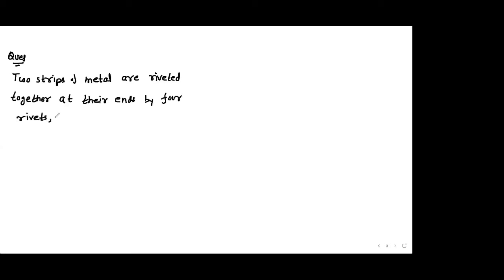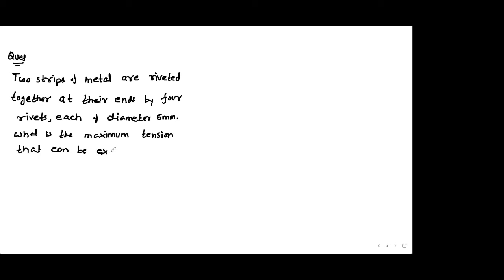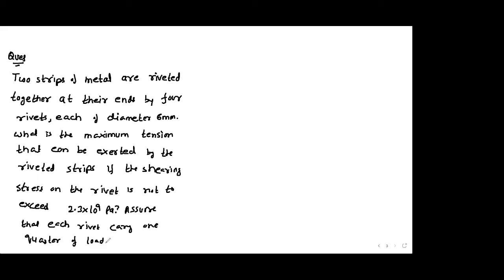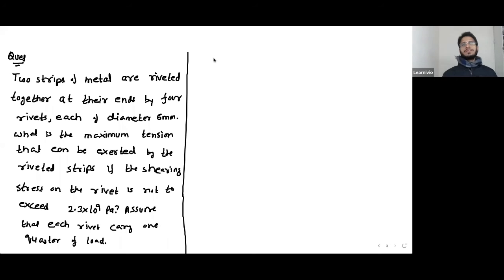Two strips. So that simply means you have two plates. You have connected these two plates using 4 rivets.